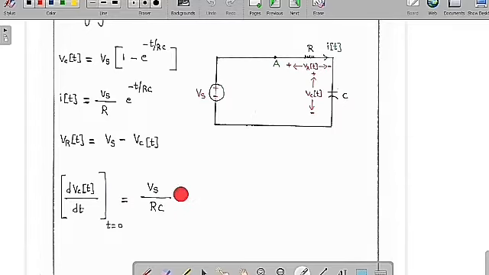It indicates Vs by tau. Simply, it indicates that if the capacitor is charged with this initial rate, then within tau is equal to RC, it is going to charge to the voltage of Vs. So listen carefully. If the capacitor is going to charge with this rate from the initial instant onwards, then within the time tau, it is going to reach the steady state value, which is Vs. That is the meaning of this expression.